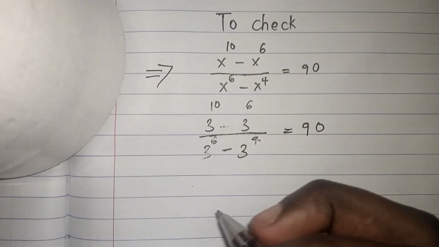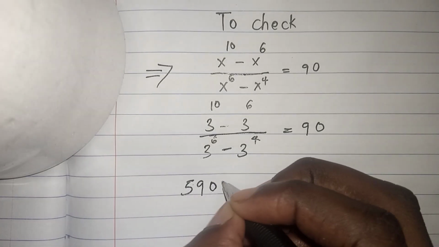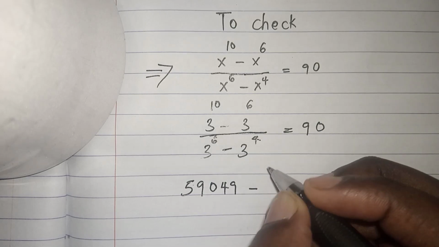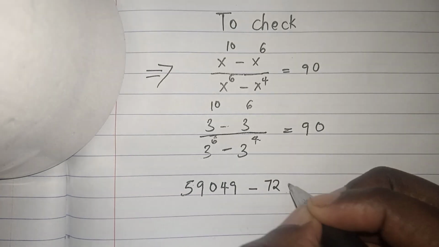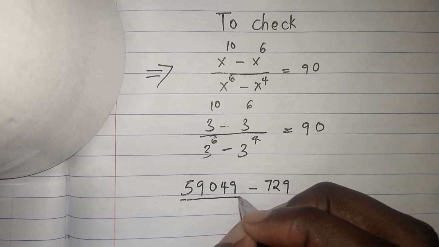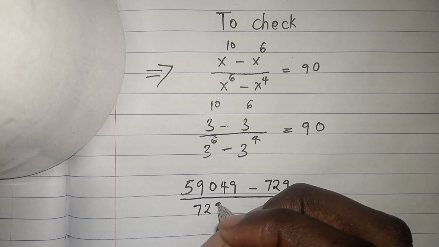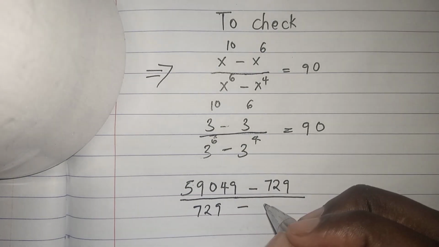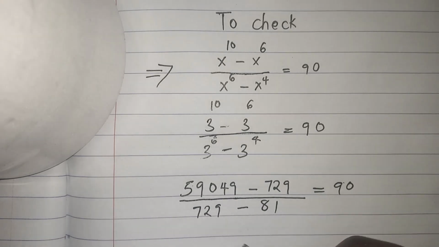So 3 to the power of 10, this is 59,049, minus 3 to the power of 6, this is 729, over 3 to the power of 6, this is 729, minus 3 to the power of 4, which is 81, is equal to 90.